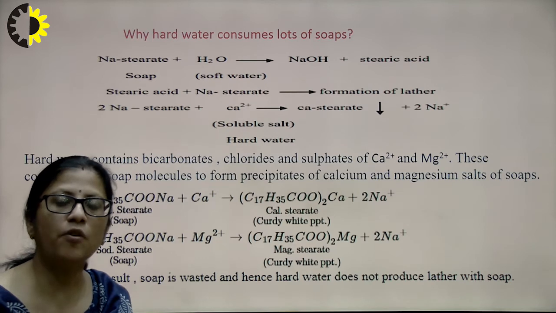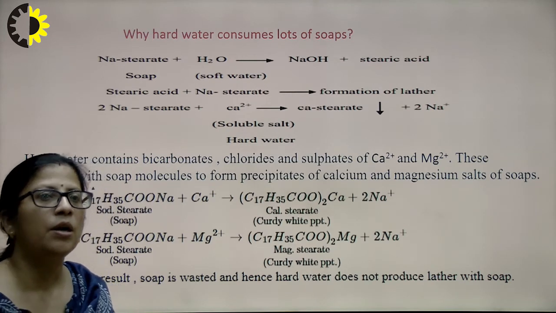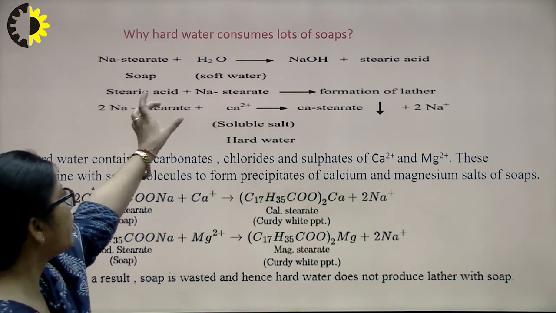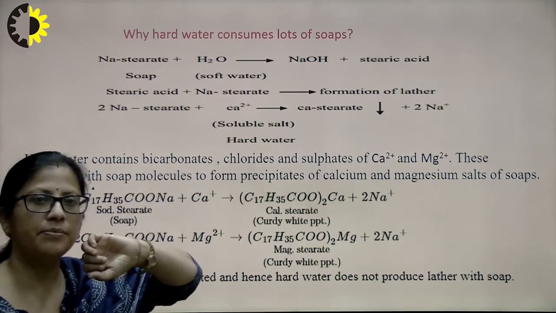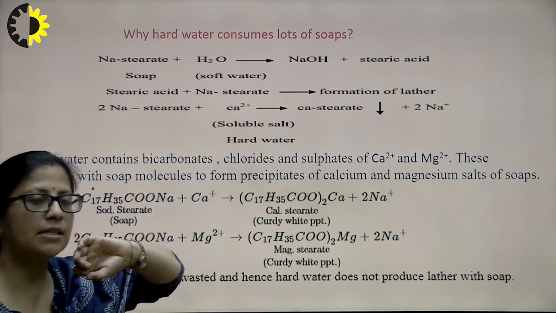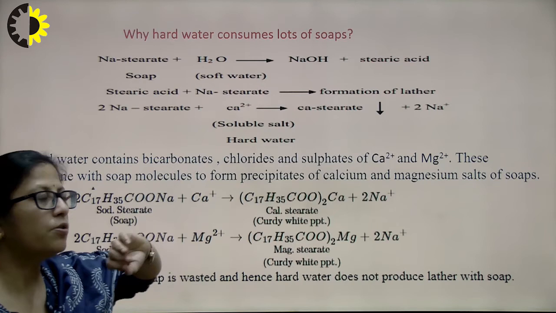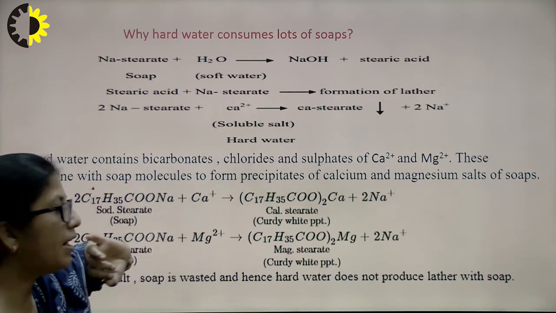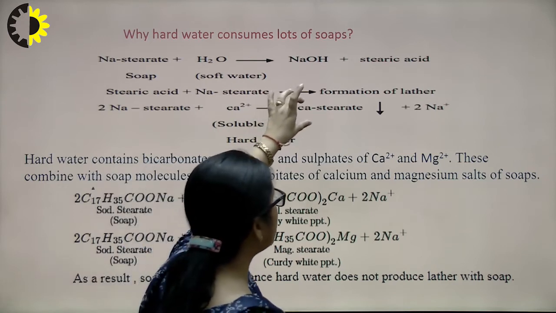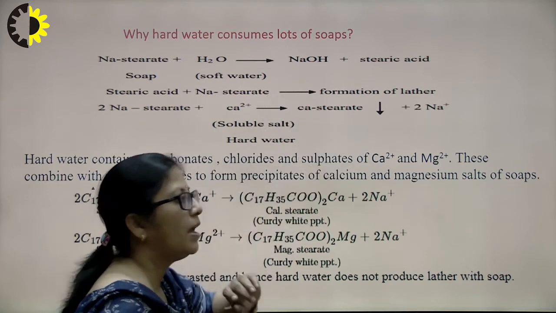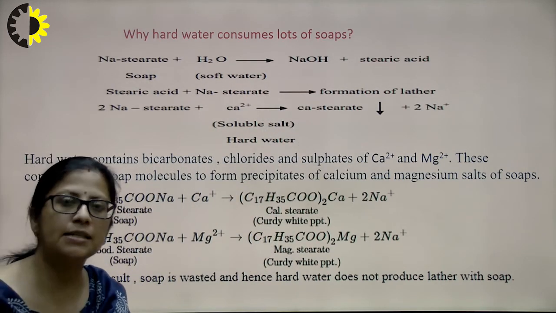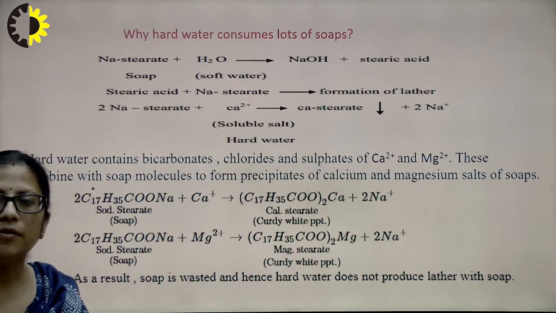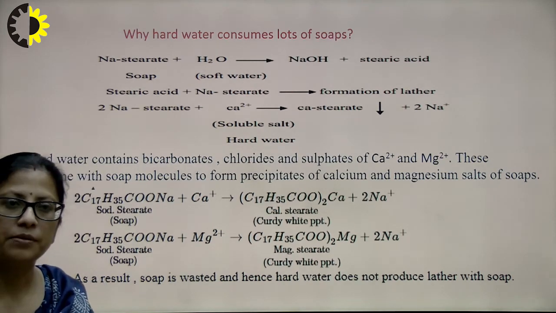But in the case of hard water, this sodium stearate reacts with calcium ions. Suppose hardness is because of the calcium salt. So, this sodium stearate reacts with calcium ions, resulting in the formation of a precipitate of calcium stearate, and this precipitate hinders the lather formation of the soaps.